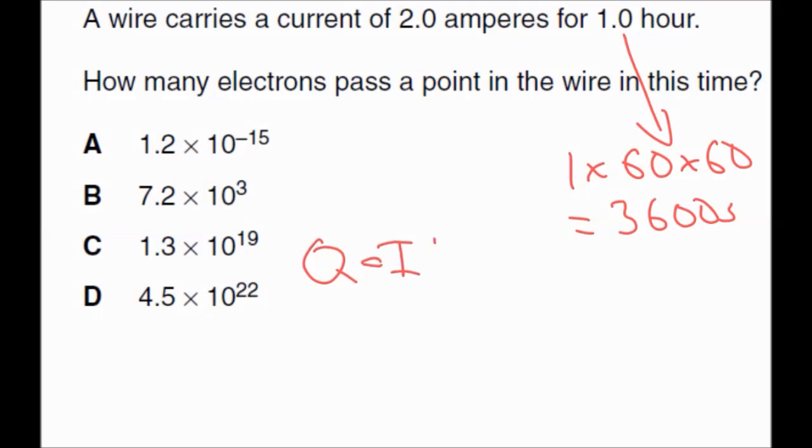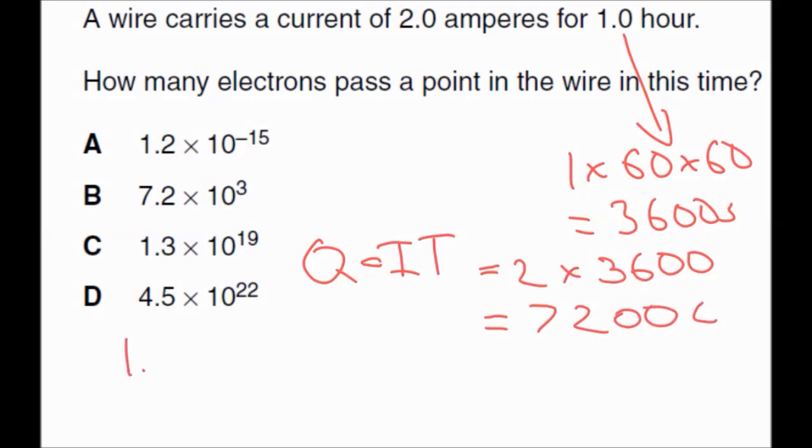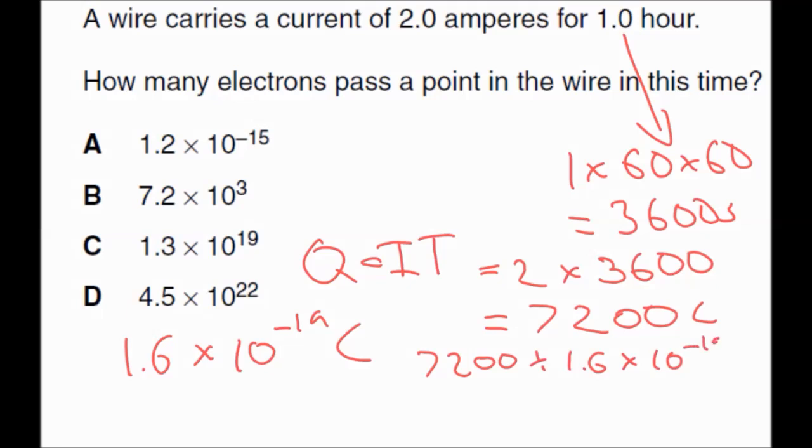So we've got 2 times 3,600 gives us a total charge of 7,200 coulombs. Now the magnitude of the charge of an electron is 1.6 times 10 to the minus 19 coulombs. So how many electrons is it going to take? And we get an answer of 4.5 times 10 to the 22 electrons.